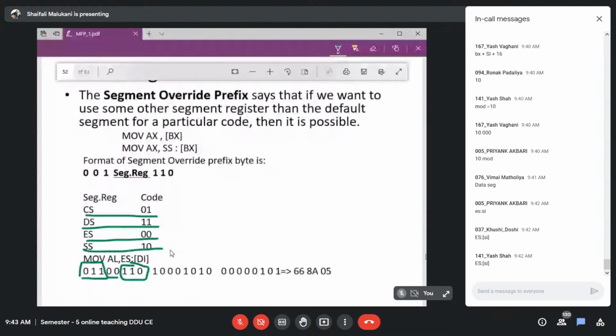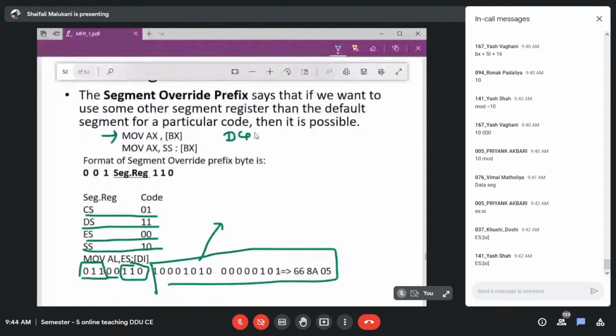What is the case here? If I want to have this instruction, the default segment will be the data segment. So if I am just coding it as in the previous case, this will be your answer. Whichever instructions we did so far, in that way you will get this answer, and the basic segment will be taken as the data segment.